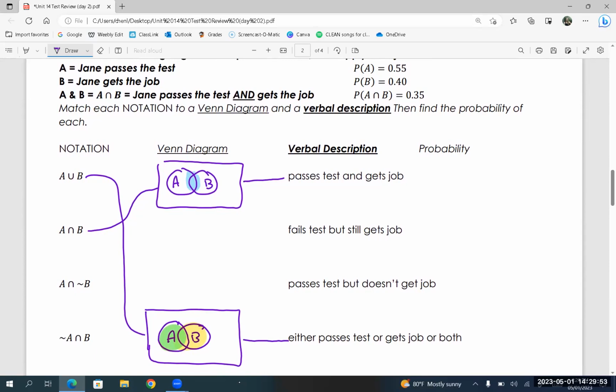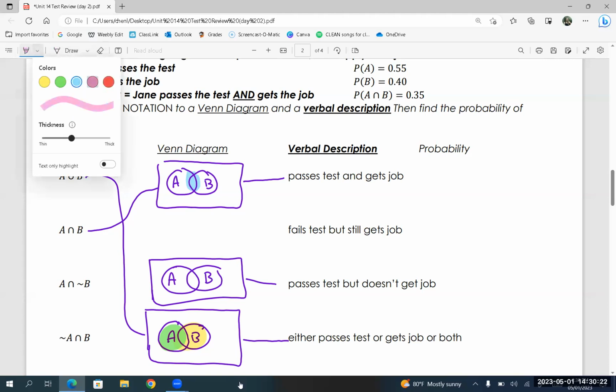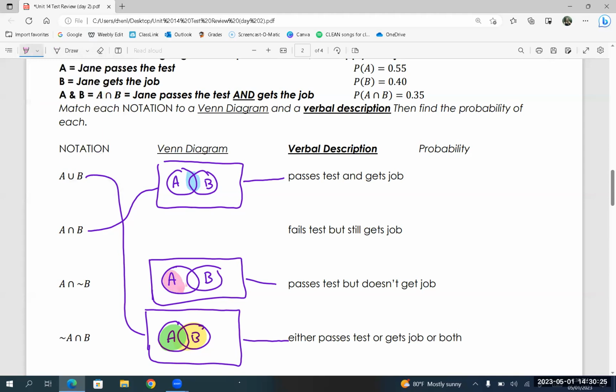So that goes A and not B. We want anything that shows that she passes the test and not getting a job. So that would just be this area, nowhere touching circle B, just circle A. So just this segment over here.